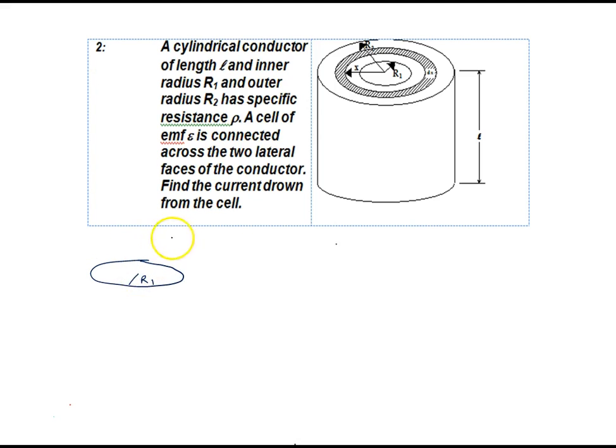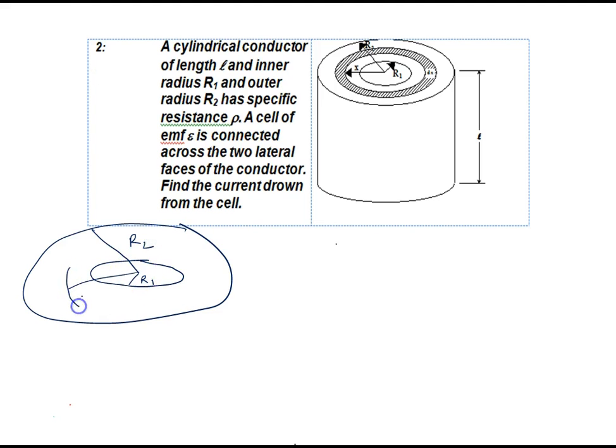R1 and R2. Assume a cylindrical layer of radius x and width dx. Of course, the length is the same, that is L, for this elemental part. Now I write the resistance of the elemental part first.